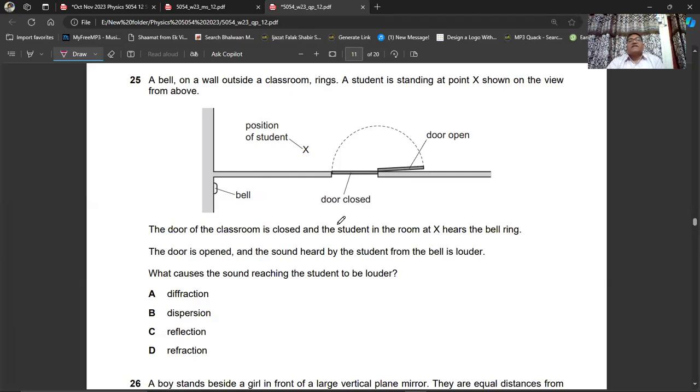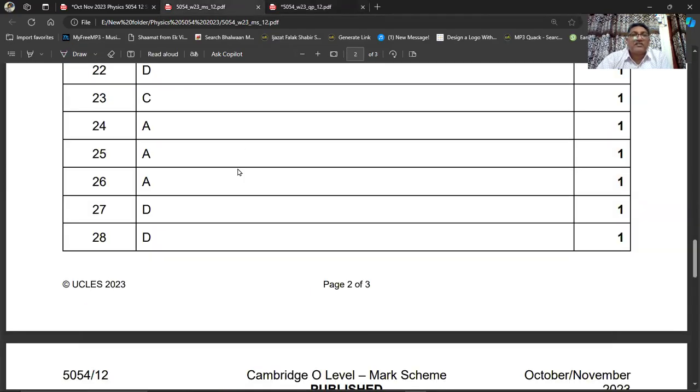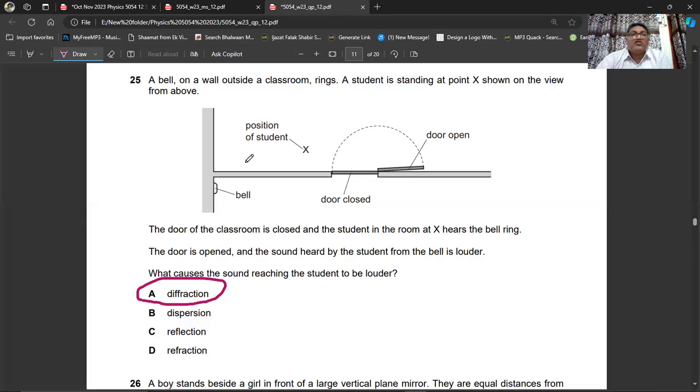This is called diffraction. Sound waves show diffraction. That is the reason the sound waves are able to reach the student at position X. So the reason is diffraction. I think 25A is the choice.